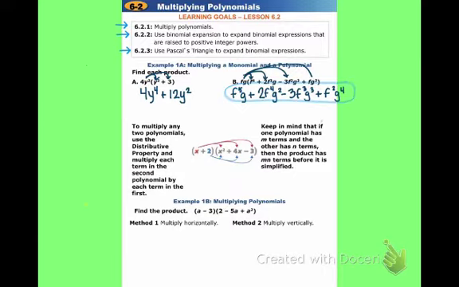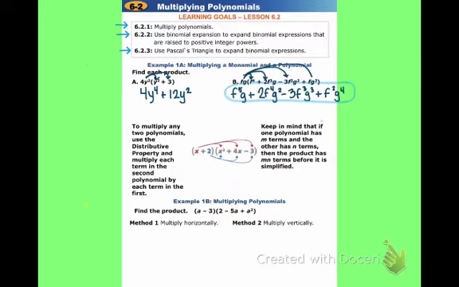Now when we have two different variables mixed in like that, we don't always follow the rules of putting them in descending order of powers necessarily, but technically what we'd want to do is put the highest degree first.